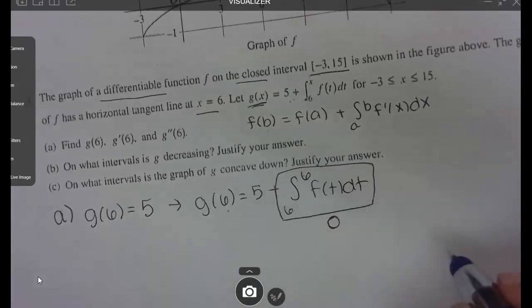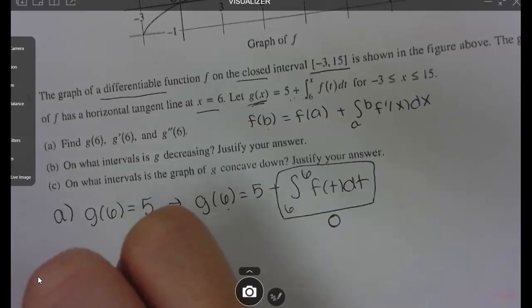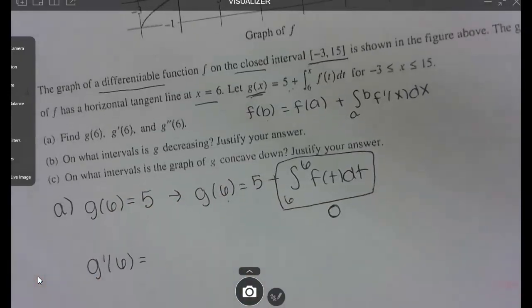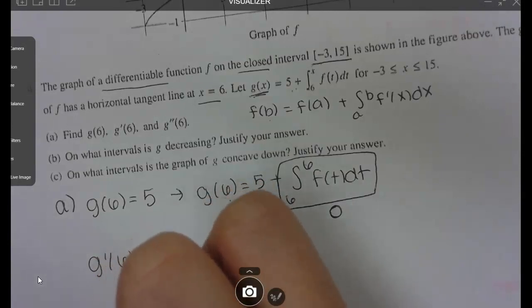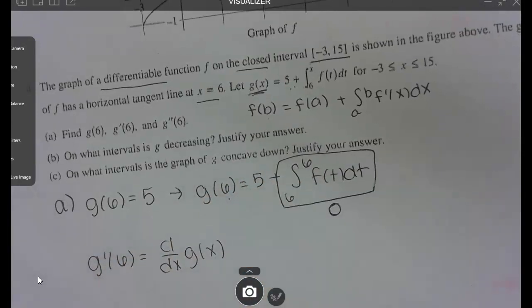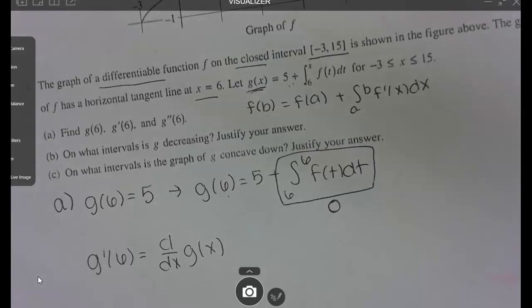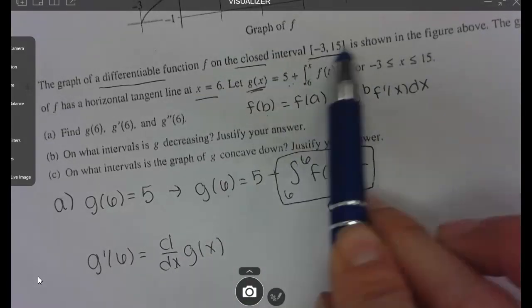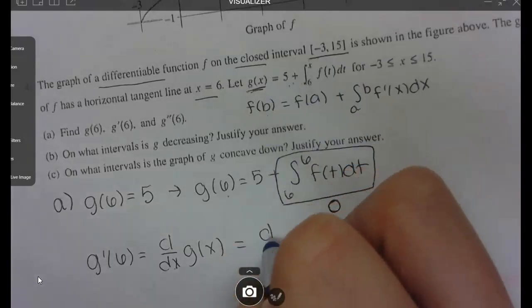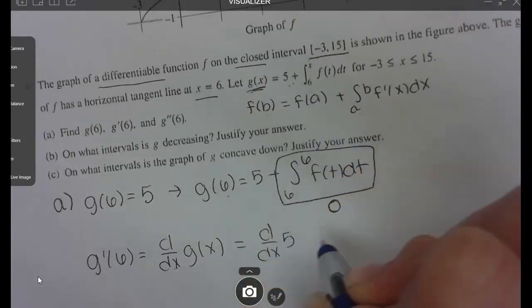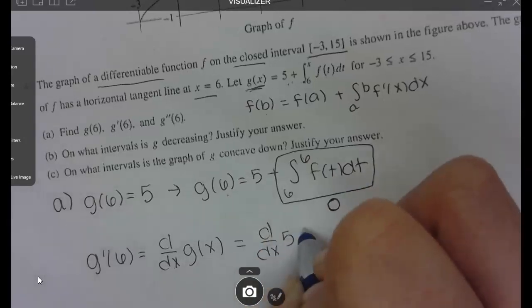Then it asks you to find g prime of 6. So that meant I needed to find the derivative of g of x. Well, the derivative of g of x is like the derivative of this. The derivative of 5 is 0.